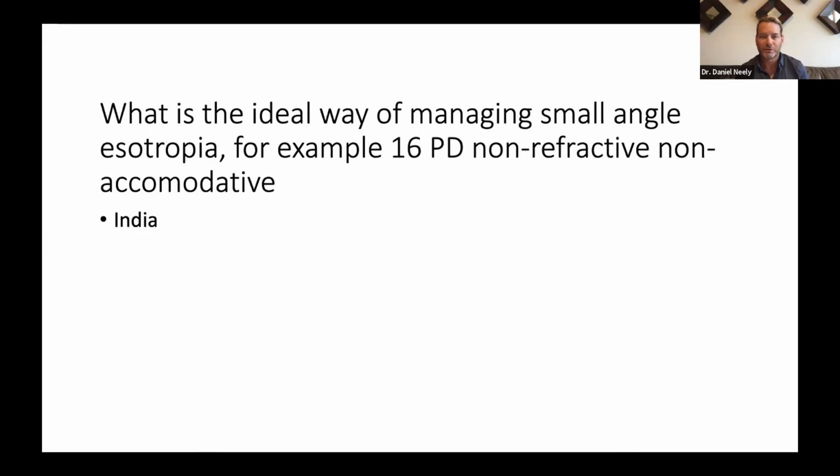Now, some people don't like doing single muscle large recession because they are worried about incompetence or crippling the muscle. But as long as you stay within somewhat of our normal physiologic recession and resection ranges, you're not going to cripple the muscle. So I'm perfectly comfortable doing a single muscle for 14, 15, 16 prism diopters of esotropia.